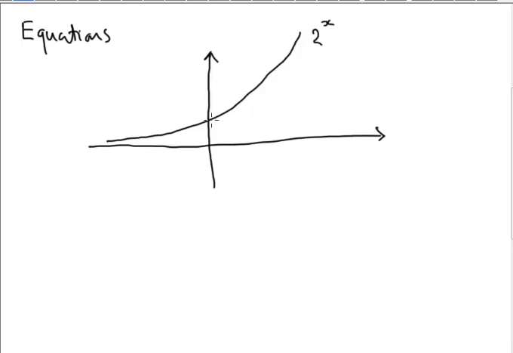Then somewhere high up, I've stretched the line, there's 64.